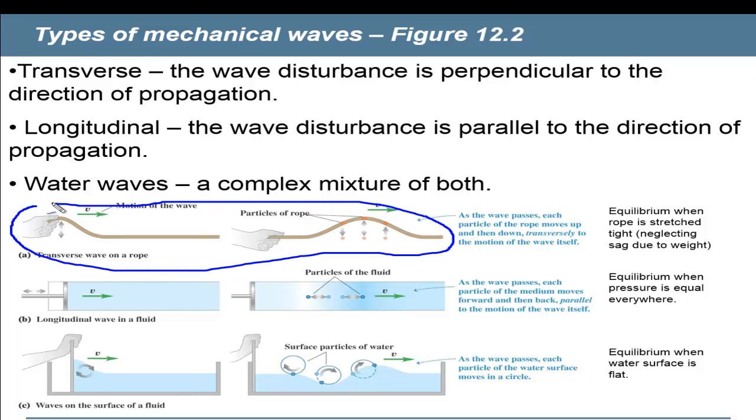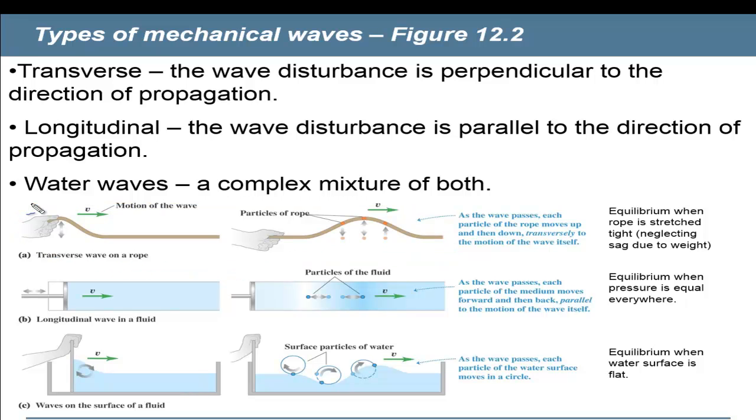A transverse wave is a wave created when the force or the disturbance is perpendicular to the medium. So we have here a transverse wave created by someone lifting up and down on this rope in order to create a wave that's going to propagate along like that, right? So we have this propagation over here.